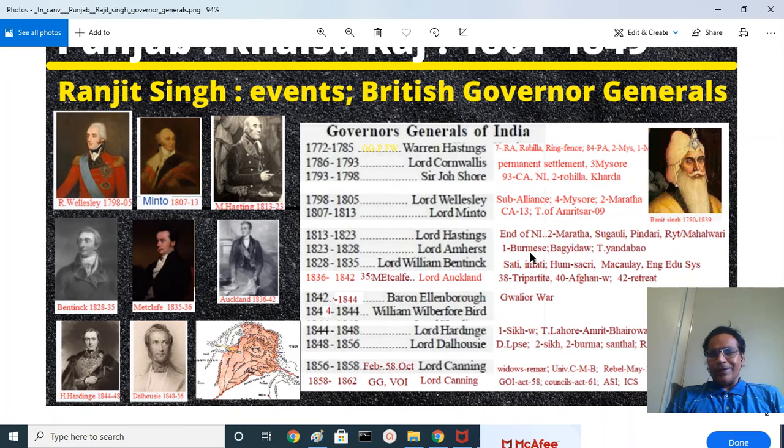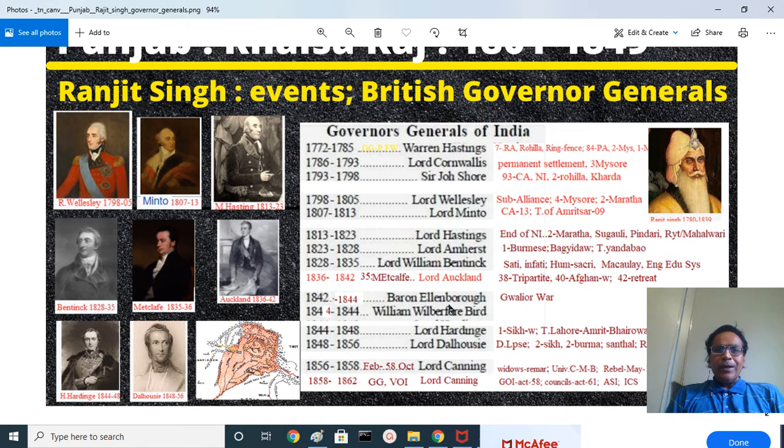They further consolidated vast territories. During Lord Bentinck's time, 1828 to 35, Lord Bentinck visited the Maharaja personally. They both met at Rupnagar on the Sutlej River and continued their treaty of perpetual friendship between the Khalsa Sarkar of Ranjit Singh and his successors, and the British East India Company Bahadur.